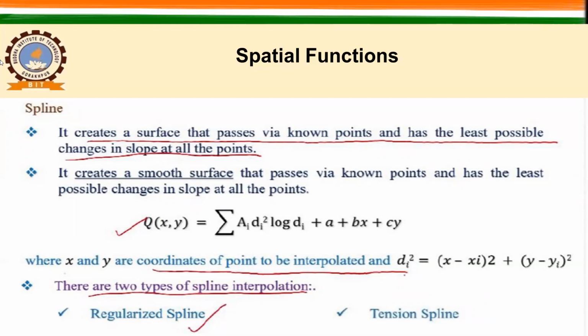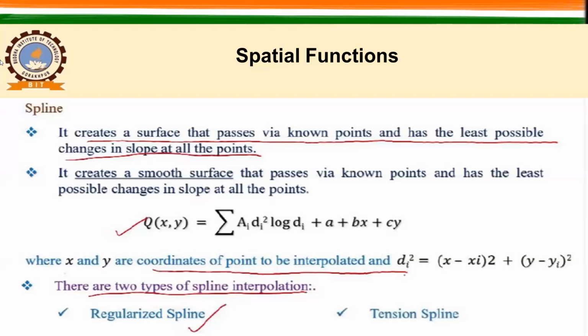It creates a surface that passes via known points and has the least possible changes in slope at all the points. It creates a smooth surface that passes via known points and has the least possible change in slope at the point.